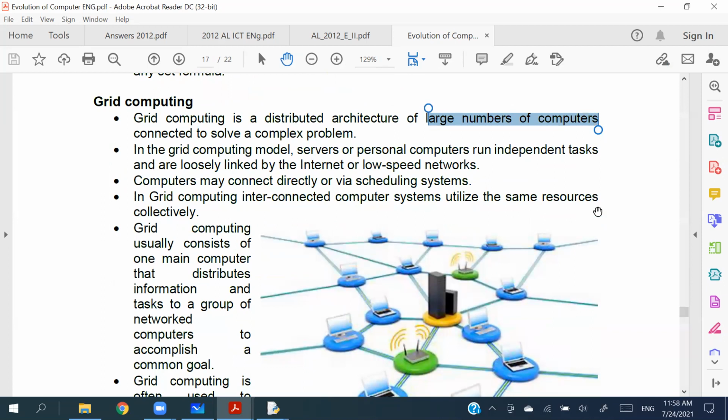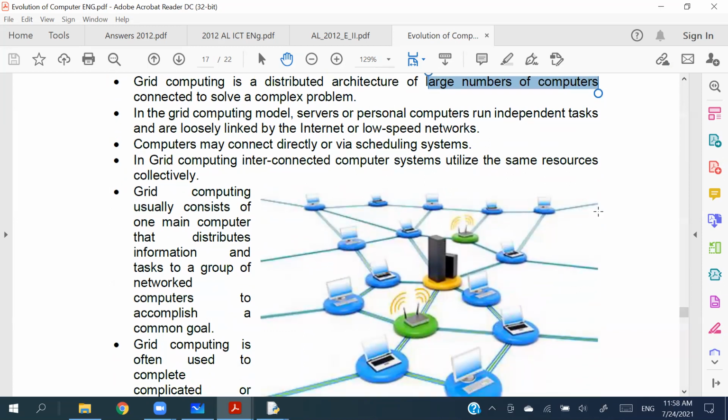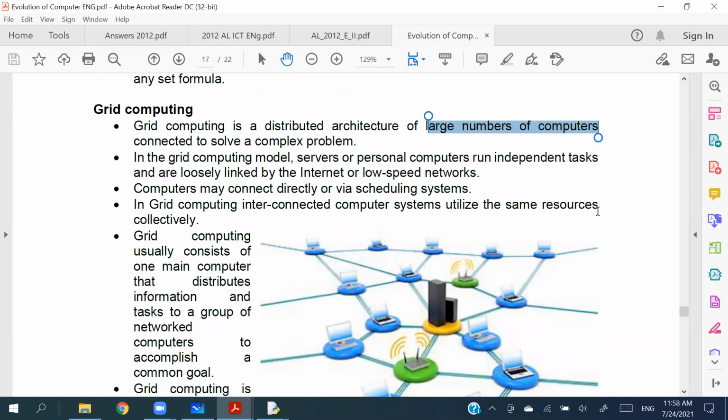In that case, this grid needs a particular computer called a server, right? The server is the place which has the problem and the centralized position, the head office of the problem.